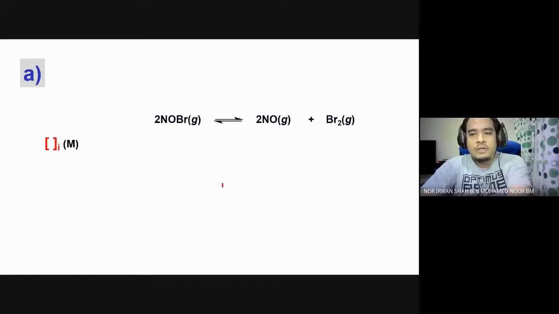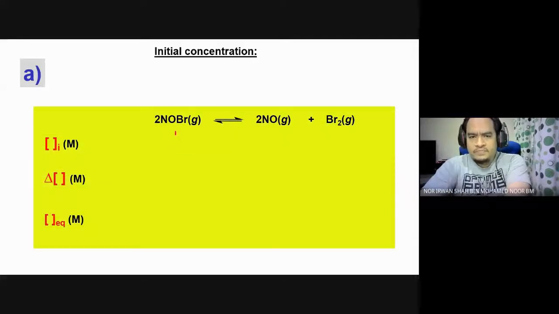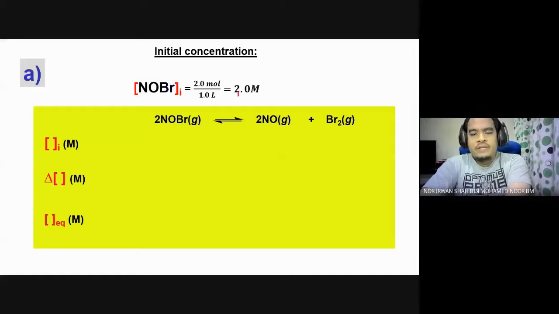Okay, so as usual, we are going to start with the initial concentration, the changes in concentration, and also the equilibrium concentration. So for nitrosyl bromide, since the moles and the volume of the flask were already given in the question, 2 moles divided by 1 liter, we are going to get 2 molar.